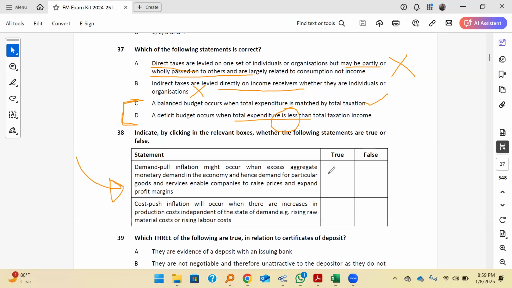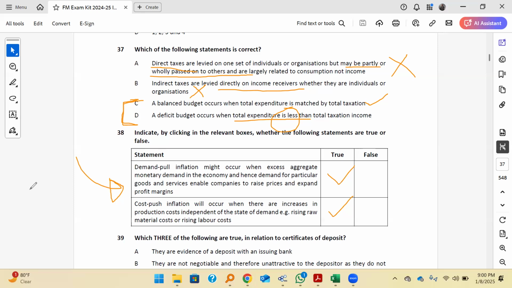So that is correct. Then on the other hand, cost push inflation occurs where there are increases in the production costs independent of the state of the demand, okay? This is also something we saw already, which says that if there is inflation, but it has nothing to do with the demand changing, then that is usually cost push inflation.